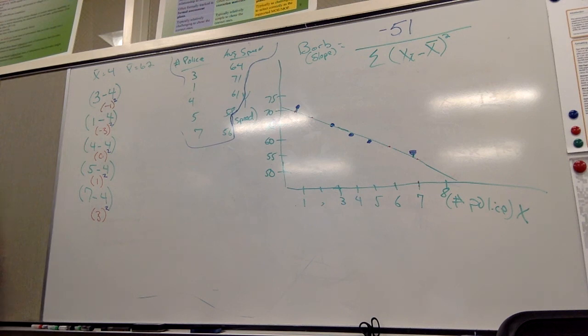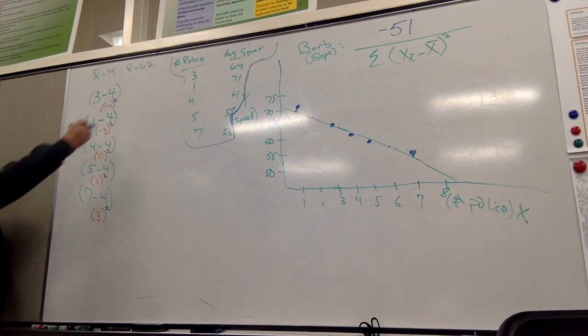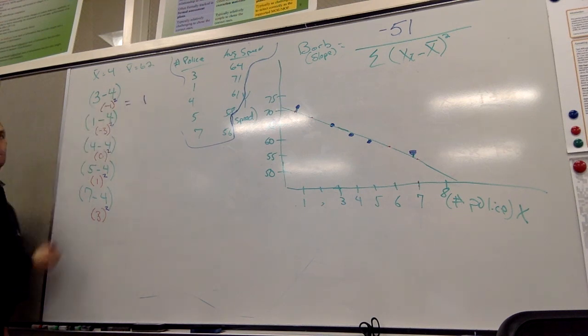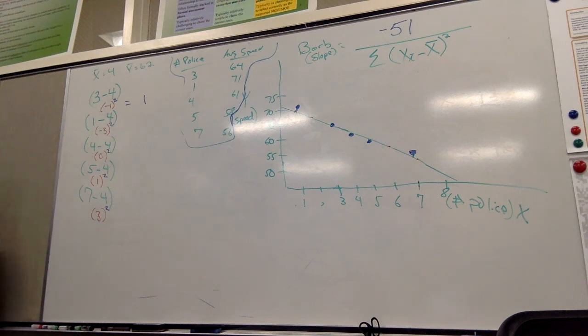So we get 3 minus 4 is a negative 1. Squared is 1. 1 minus 4. So we observed 1 police car minus 4 as the mean.